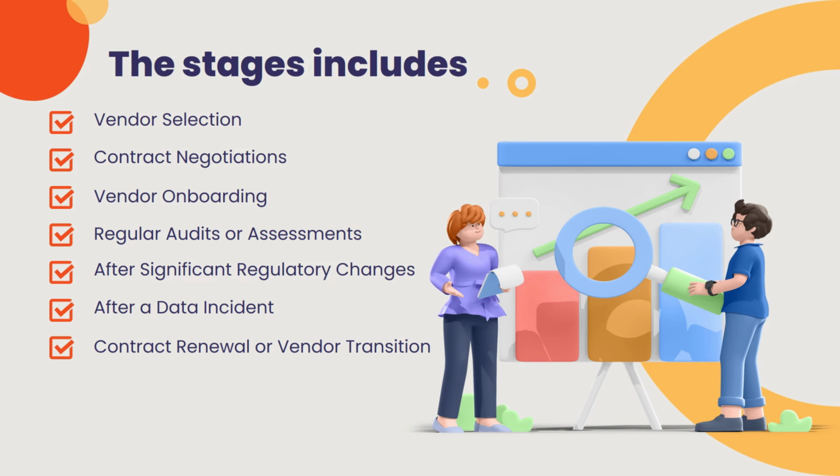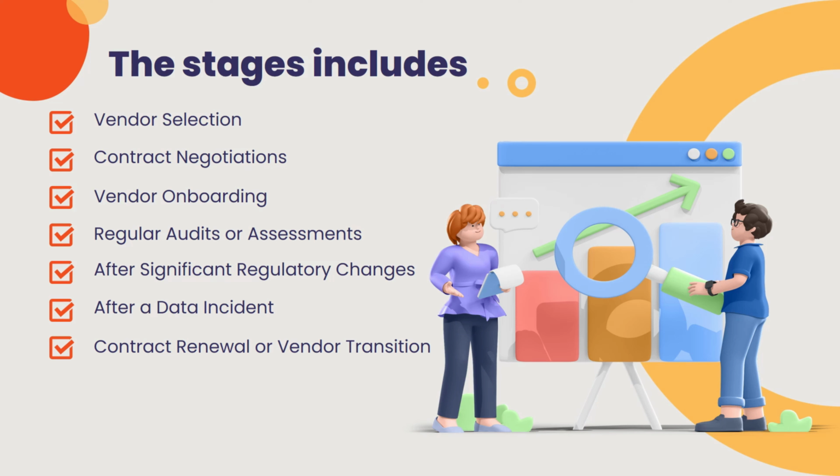The sixth point is after a data incident. If there has been any data breach or another incident, it's critical to review all related practices. Re-examining the mapping in light of the incident can shed light on any vulnerabilities or areas for improvement.